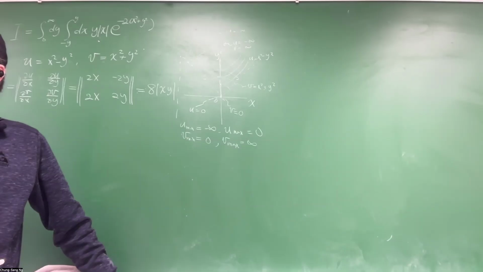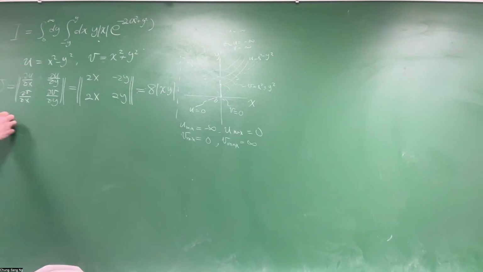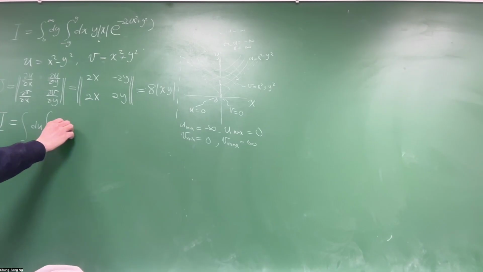Is that okay? And that is the integration range. So now I write it to transform from dx dy to du dv. So now u is minus infinity to 0, and v is from 0 to infinity.